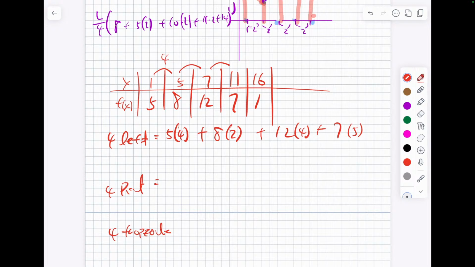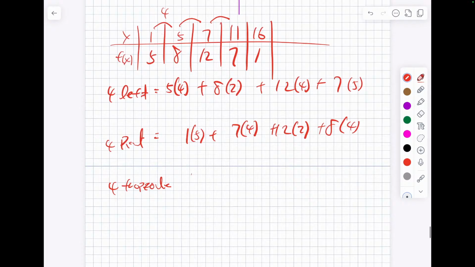Okay, for right it's going to be 1, 7, 12, and 8. But each one, I'm going to start with this one. That's going to be 5, and that's going to be 4. It's going to be 2, and that's going to be 4. And this is just right.